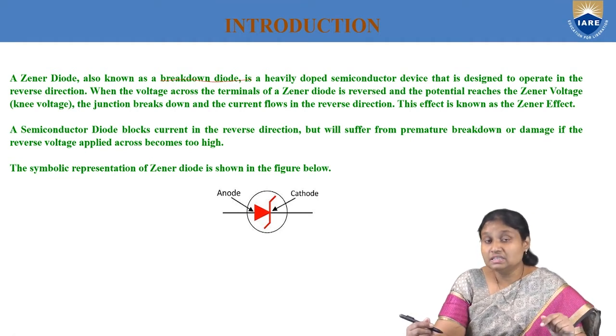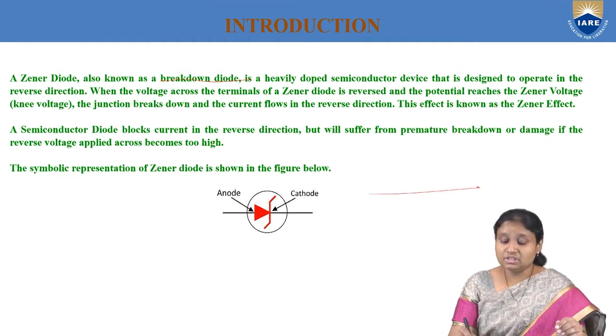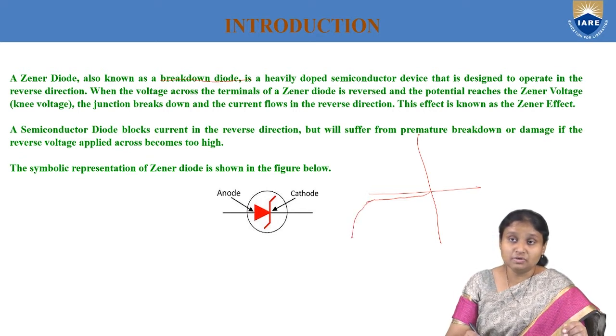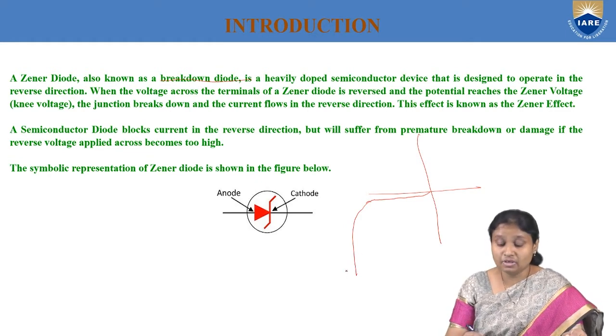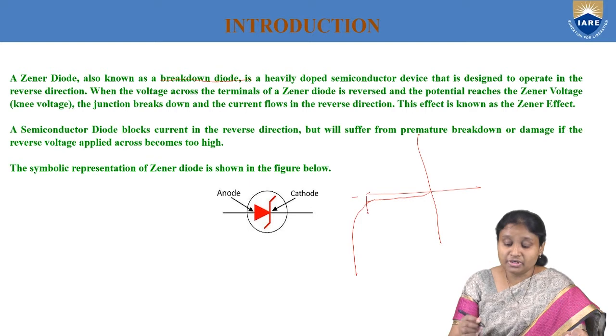Generally, when we draw this VI characteristic, we observe that initially, up to a very high reverse bias voltage, a very small current flows. But when I go to a very high reverse bias voltage, there will be an increase in the reverse current. This occurs at one particular voltage, and that voltage is called the breakdown voltage, where the diode is going to break down.